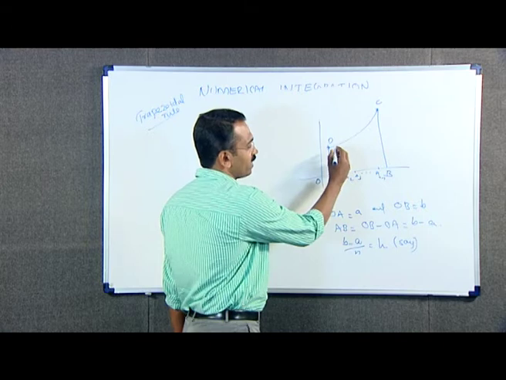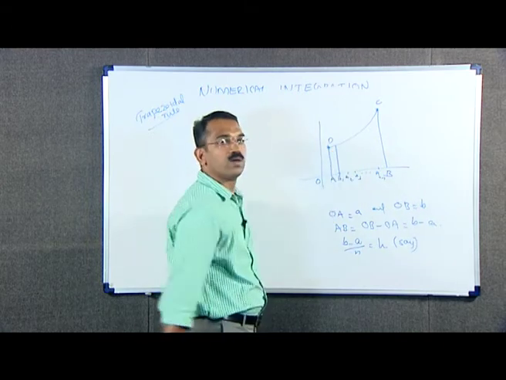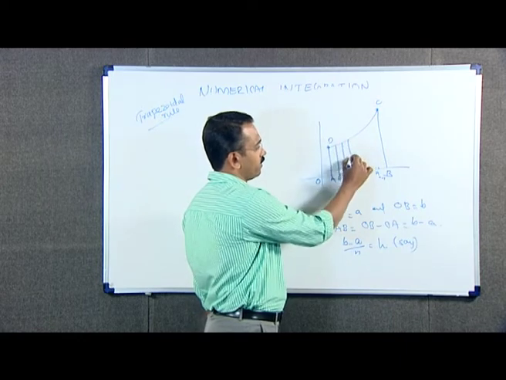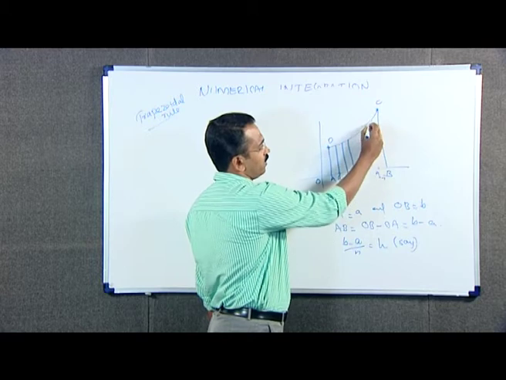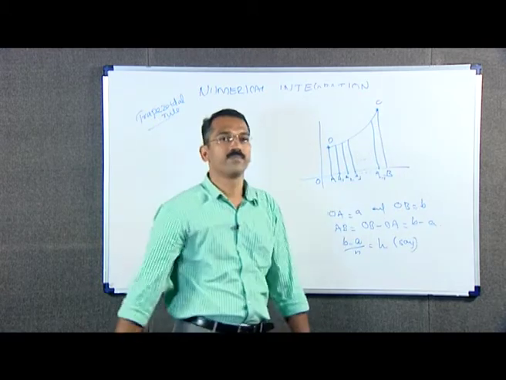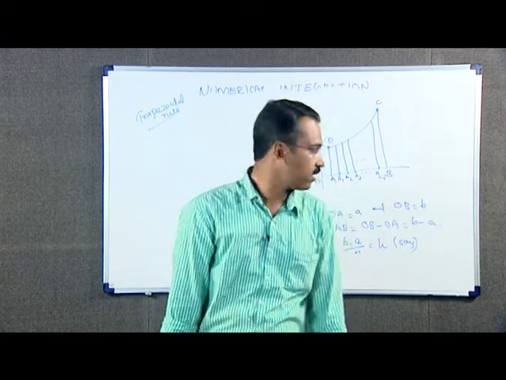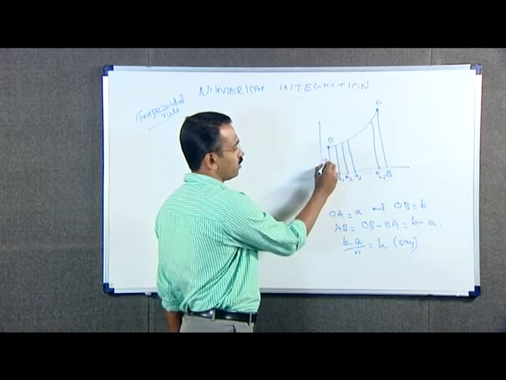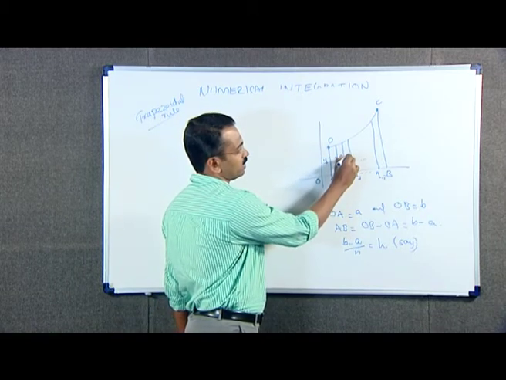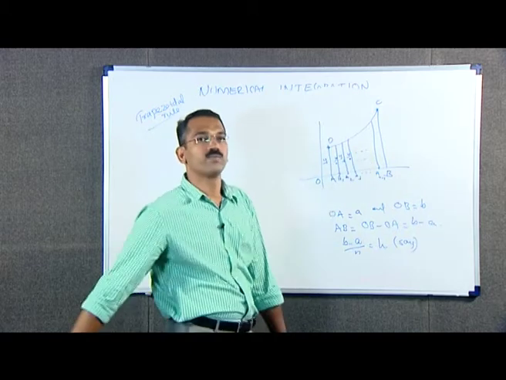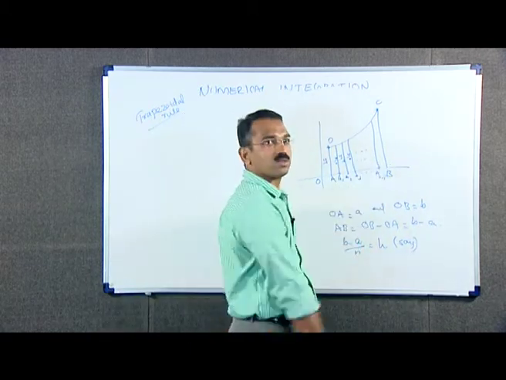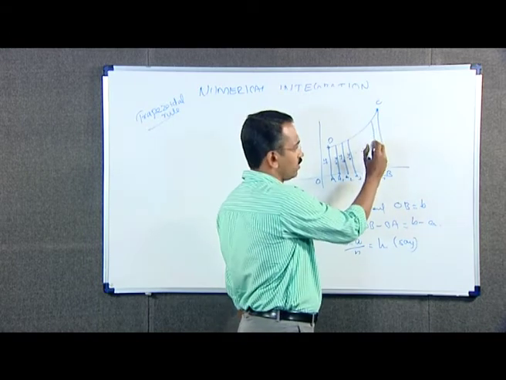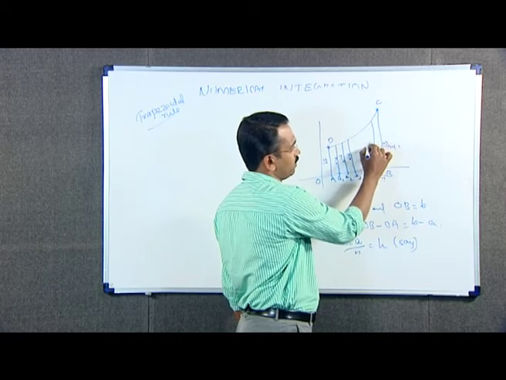Now, we draw the ordinates through A1, A2, A3, etc. An minus 1. And let the lengths of these ordinates be y1, next y2, y3, y4, etc. This is yn, and this is yn plus 1.